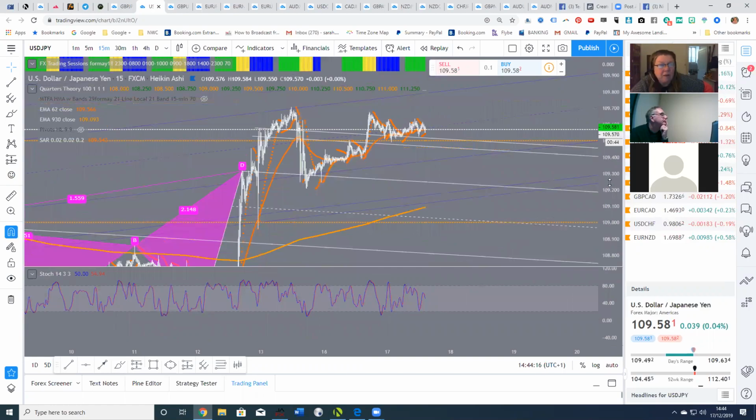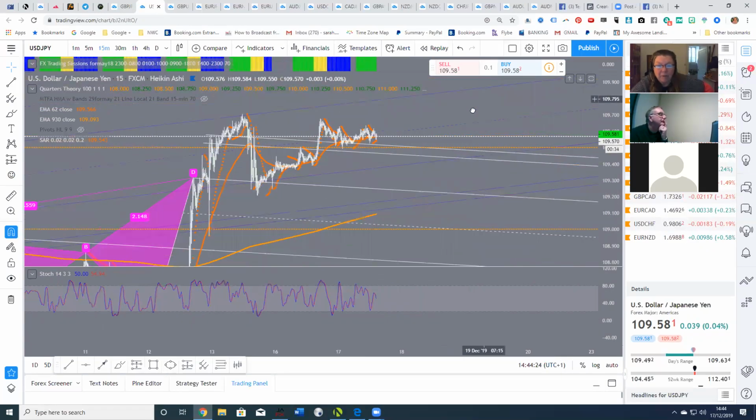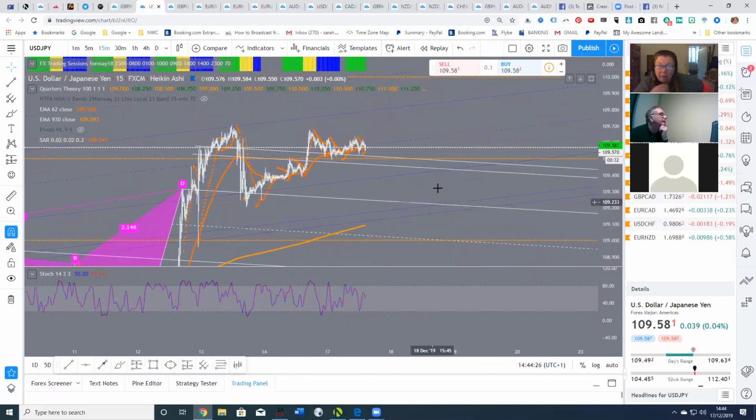So 15-minute, and the reason I like to stay on the 15-minute is it's my natural inclination. That's the kind of trading I like, that I'm most comfortable with, is scalping intraday on a stacking basis. Les tends to look at hourly and above, and I know Tony Lupino does, so I kind of think it might make sense at this time of day if I'm doing this, and then following up.